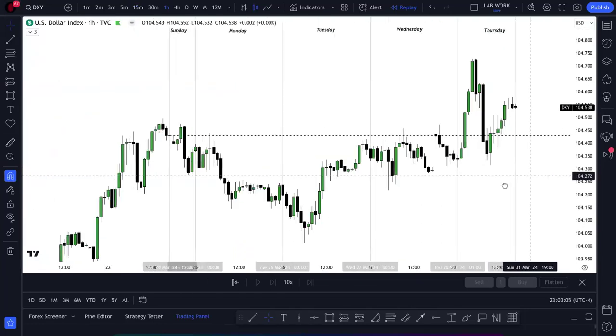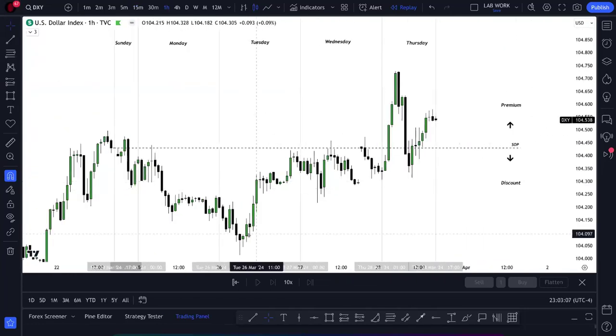It was a Tuesday, somewhere after the London session. In between the London session, the dead zone here, there was a low point at 6 a.m. and price rallies back up going to a premium. So it went from being at a discount for the week and closing higher.